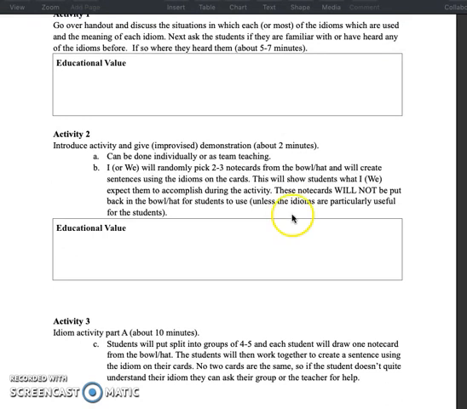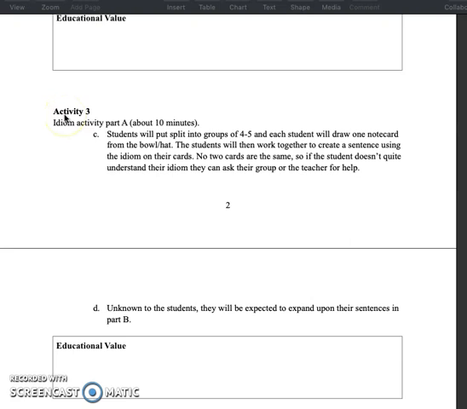And then let's go over activity 2, the motivation. So activity 3, I like this activity because it lets the students start learning about idioms, and when to use them.